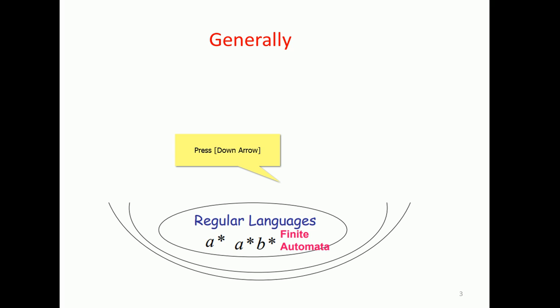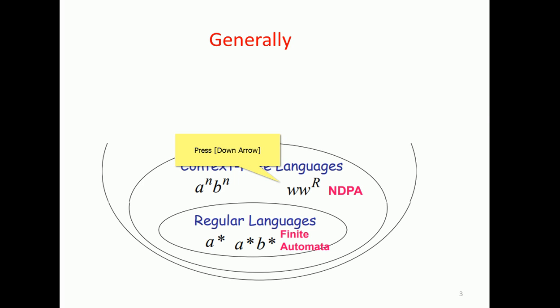Let me see in general how the context free languages come into the picture. At the bottom layer are regular languages, for example a star, a star b star, which are recognized by finite automata.